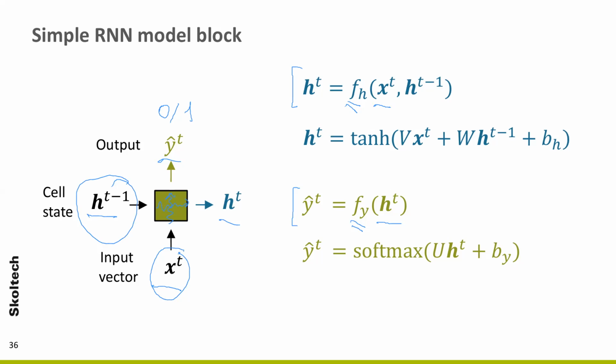You can try to use some particular formulas for it. For example, we can have hyperbolic tangent for our new hidden state. So we have a linear transformation of x, a linear transformation of h, some bias, and a nonlinearity, because we like nonlinearities. Without them, neural networks are pretty hard to remember anything.